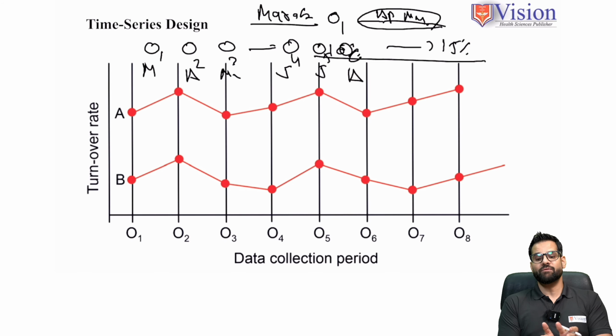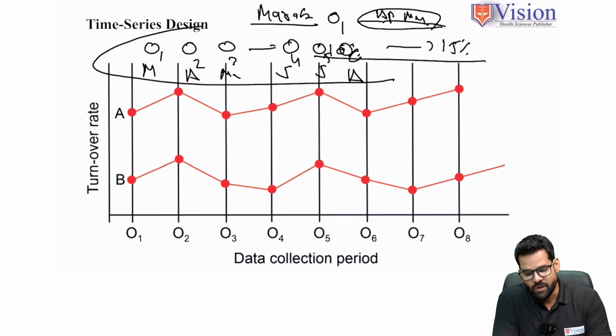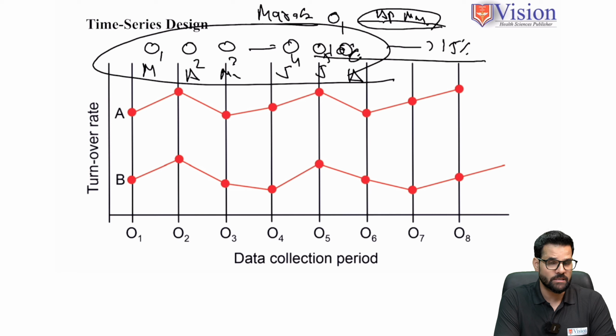So when I do that, I can compensate. If there is a fluctuation in the prevalence of malaria because of the change in the climate or weather and other environmental conditions, that can be neutralized with the time series design. So these are the two important advantages where we can use this particular design.